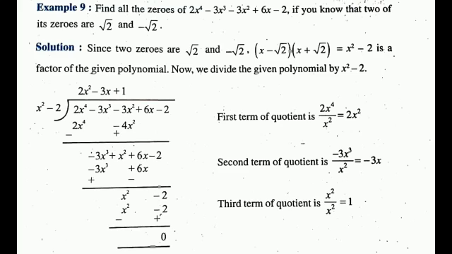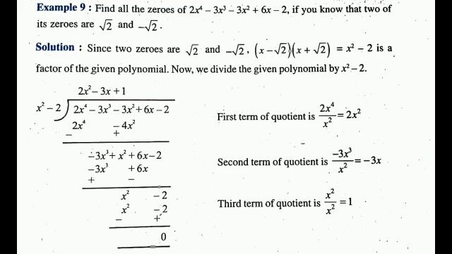Also we can say the product of x minus root 2 and x plus root 2 will be a factor of the given polynomial, which gives us x square minus 2. As x square minus 2 is a factor of the given polynomial, to obtain the other factors, we will divide the polynomial by x square minus 2. And here is the division.